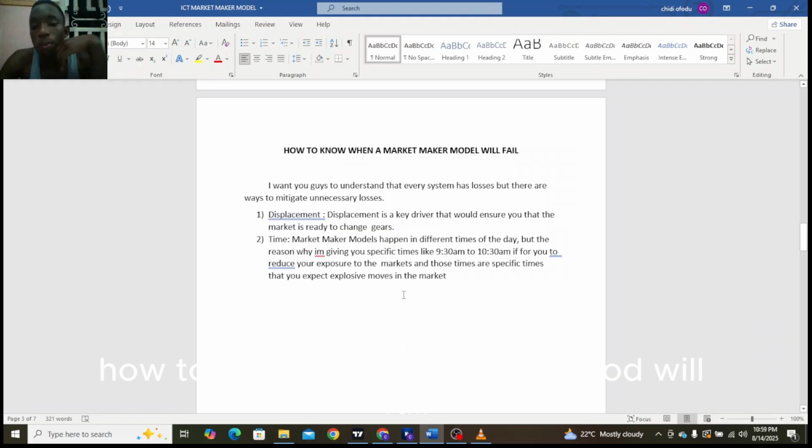How to know when a market maker model will fail? I want you guys to understand that every system has losses, but there are ways to mitigate unnecessary losses. The first one is displacement. Displacement is a key driver that will ensure you that the market is ready to change gears. Even ICT has said this. Displacement is telling you that the algorithm is ready to go higher to buy side liquidity or sell side.